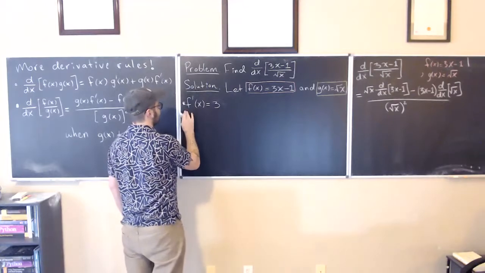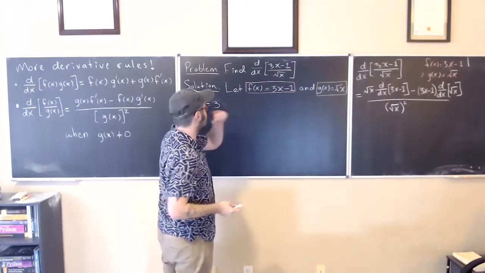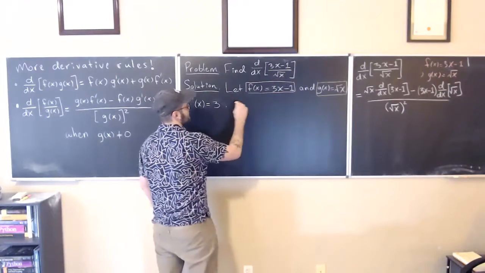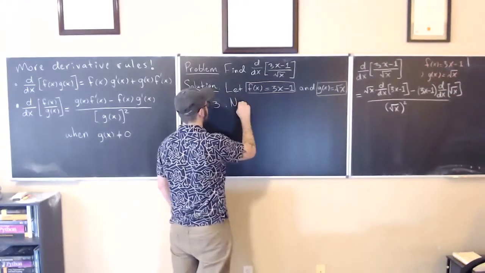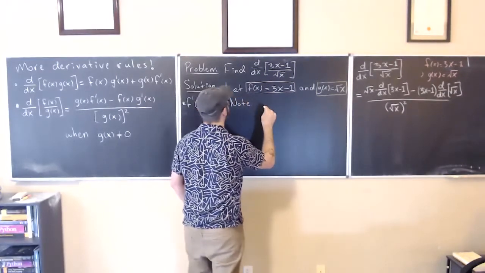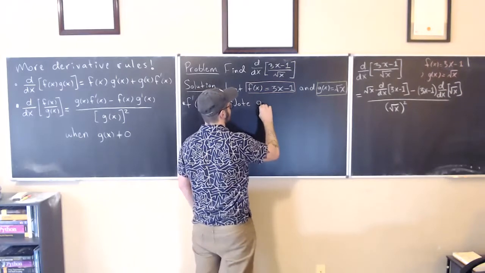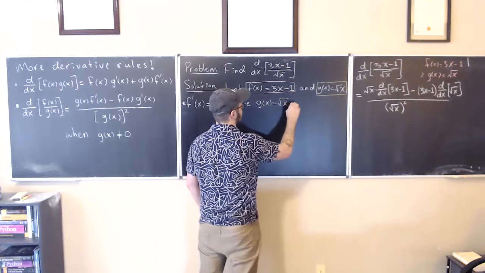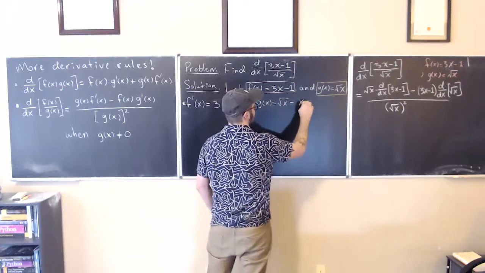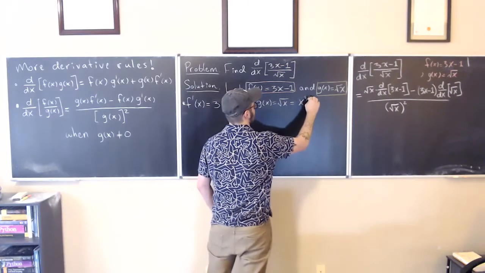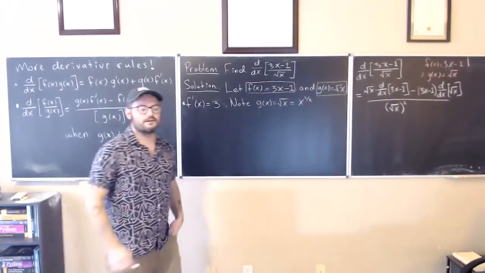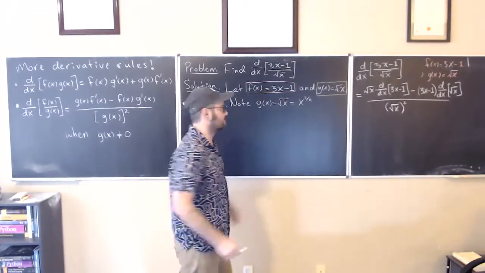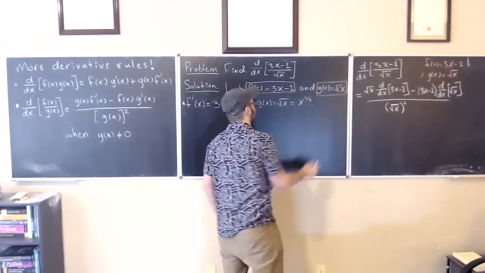And now I need to find the derivative of g. I would just note that g of x, which is the square root of x, is really like saying x to the power 1/2. So now that I have it written this way, I can see that I can apply the power rule of differentiation to get the derivative.